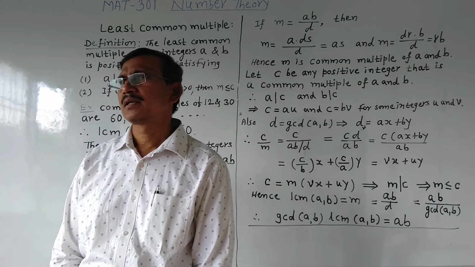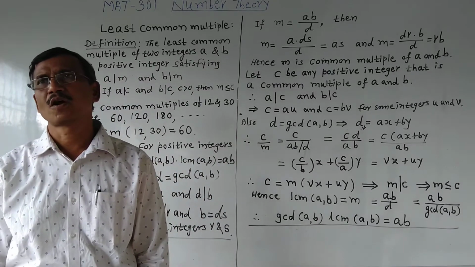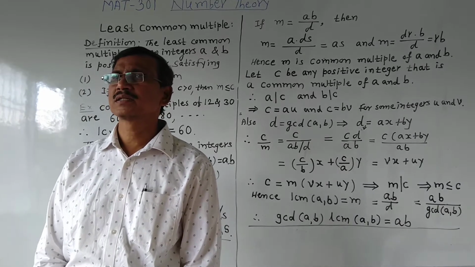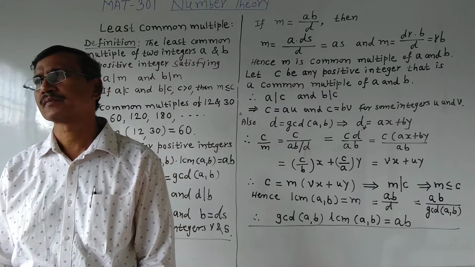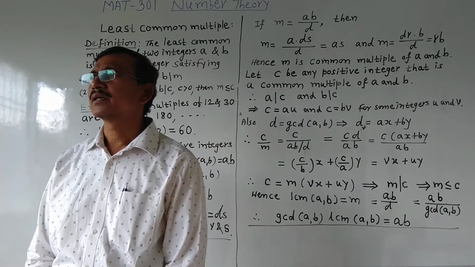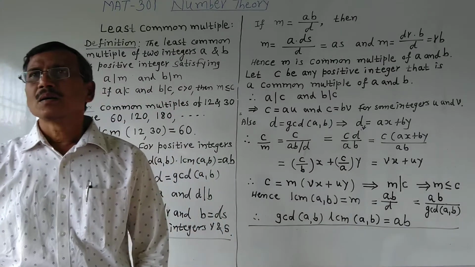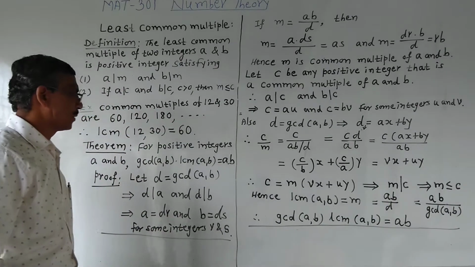At first we shall define the least common multiple of two integers a and b. We shall consider two non-zero integers a and b. Then their least common multiple is defined as... Before that, we shall say what a common multiple is.